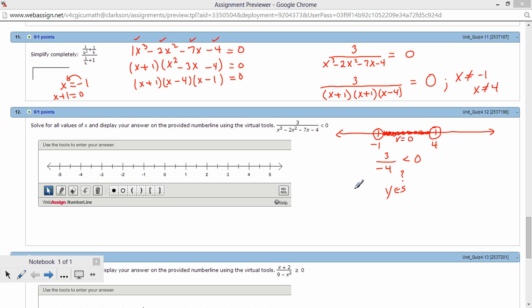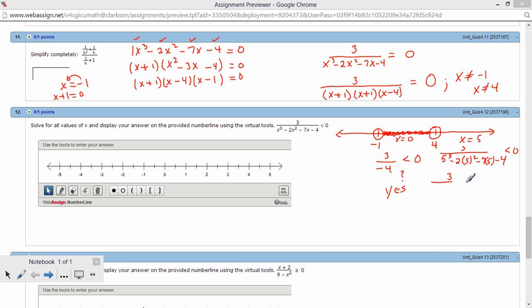Now, if we try a number bigger than 4, like say x equals 5, then we've got, again, a numerator of 3. That's a constant. We've got a denominator of 5 cubed minus 2 times 5 squared, minus 7 times 5, and minus 4. And the question is, is that less than 0?